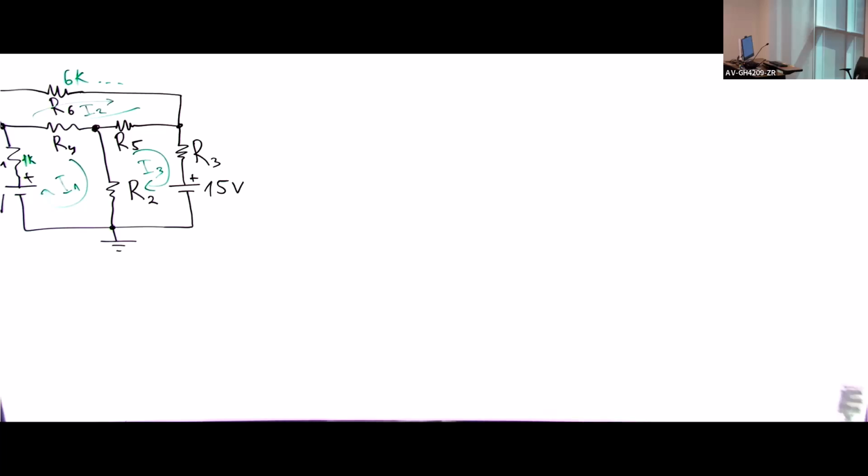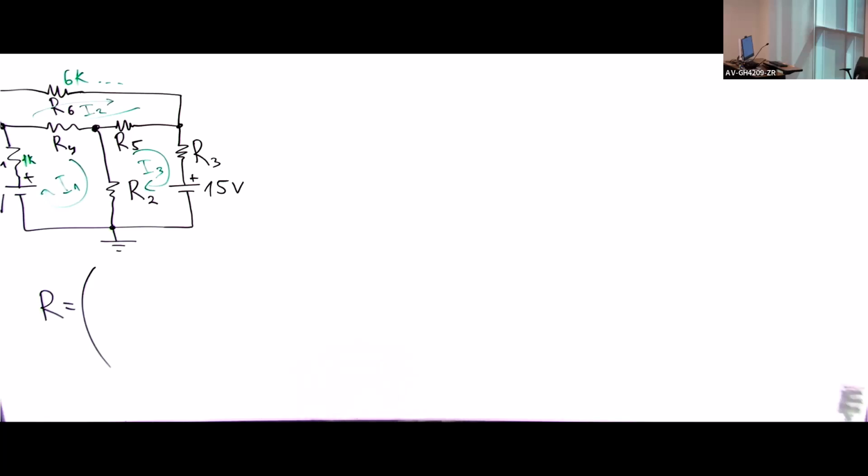Okay. So first we write the matrix R. So what do I have here? On the first element, the sum of all of the resistors in the first loop, which are, let's sort them from the smallest one to the biggest one.